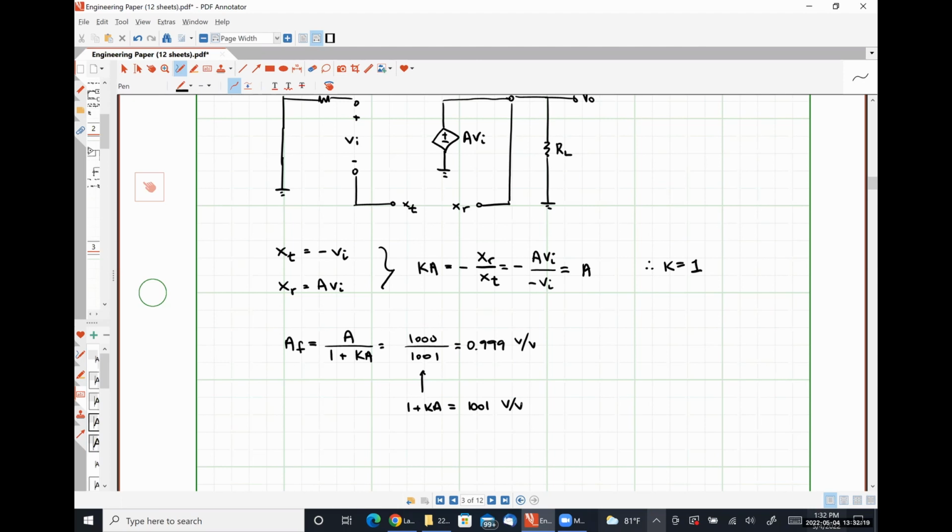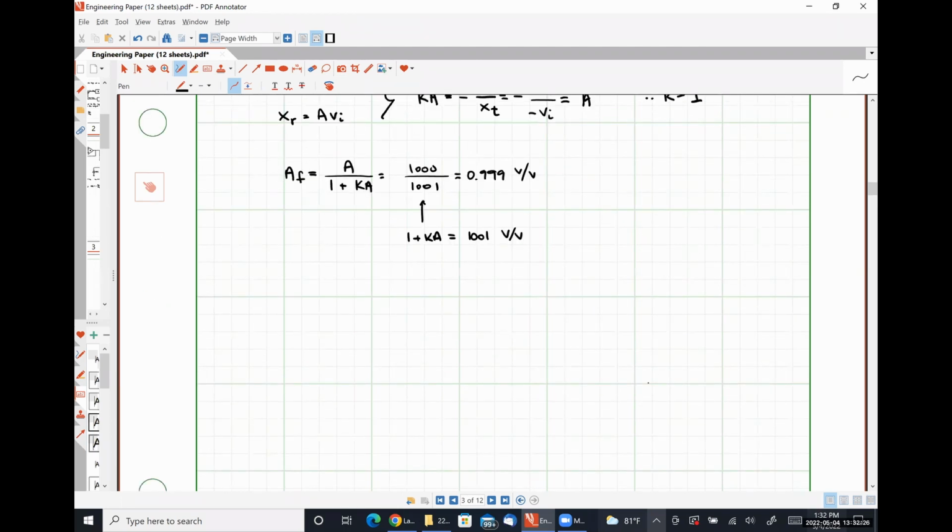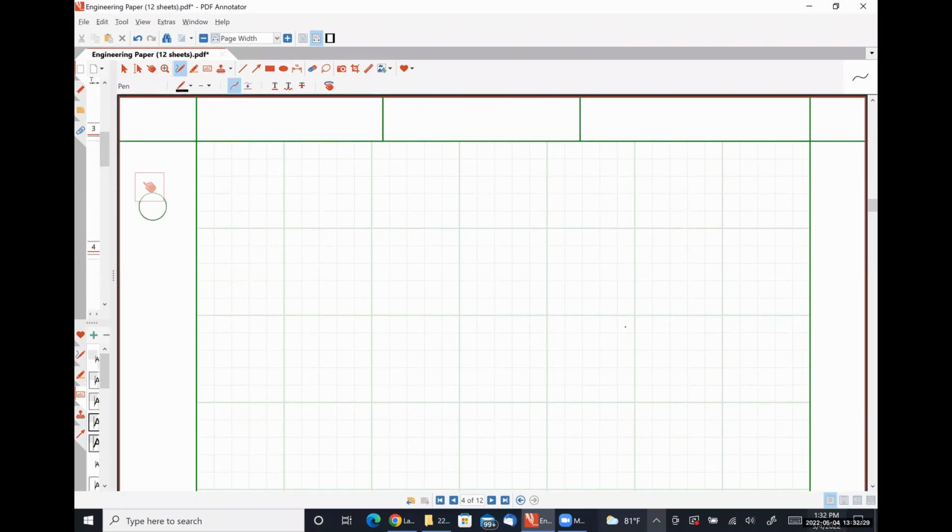Now, let's look at a transistor circuit. So here is our circuit of interest. I'm going to call this resistor RD1.